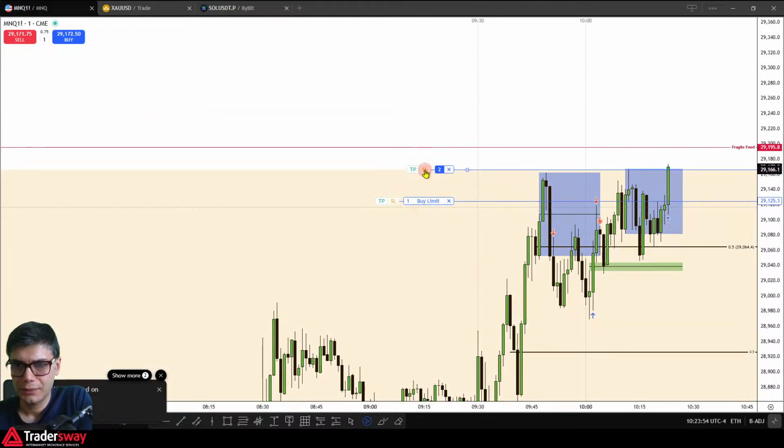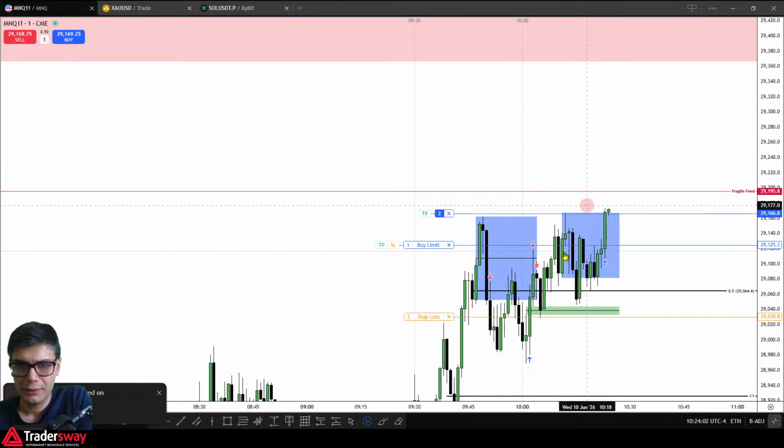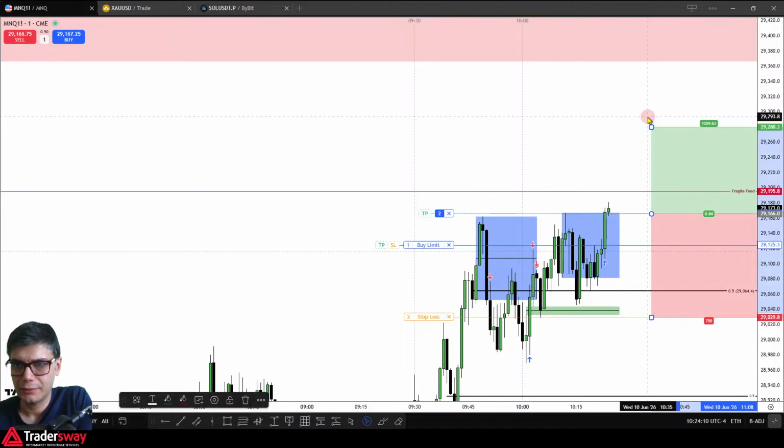Stop for this trade is below 10 a.m. low at 29.30. Let's look at the risk to reward. It's a bit high, to be honest.